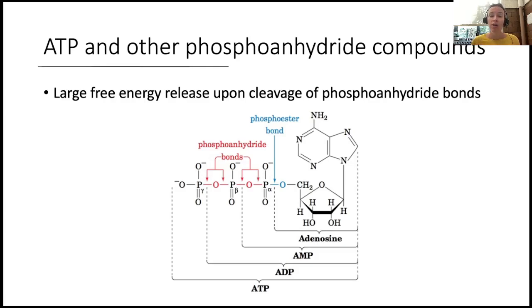There is a large release of energy when we cleave phosphoanhydride bonds. The molecule ATP is shown to you here on the screen. It contains 2 high energy phosphoanhydride bonds.